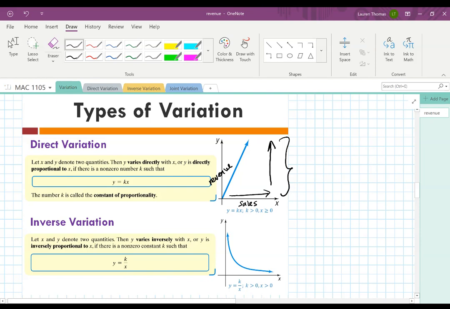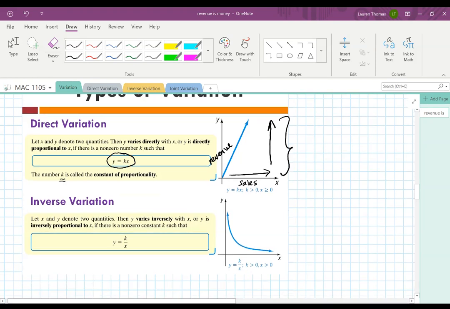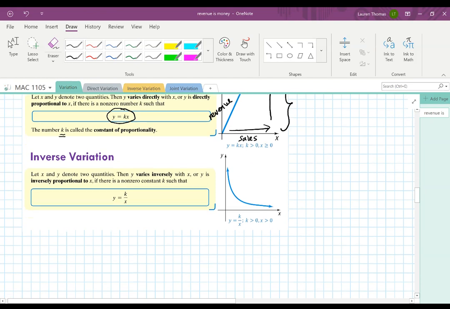So direct variation is when both of your variables are moving in the same direction, whether they're both increasing or both decreasing. This is the model that we will use: y equals k times x. And this constant of proportionality tells us by how much one variable is changing when we move the other.